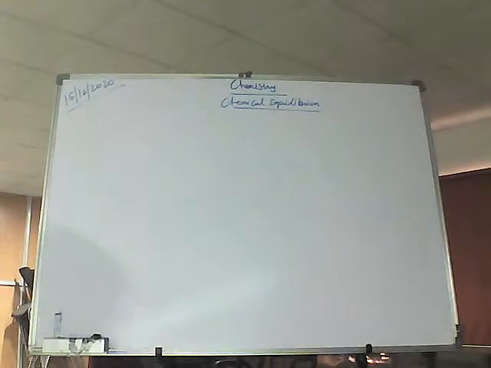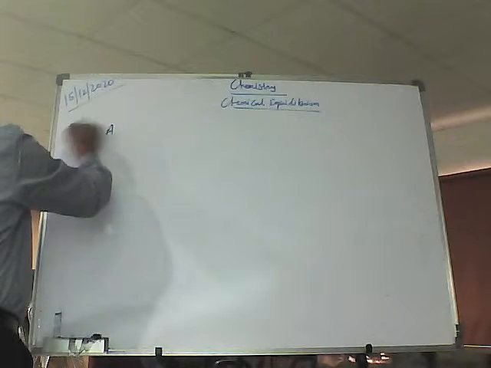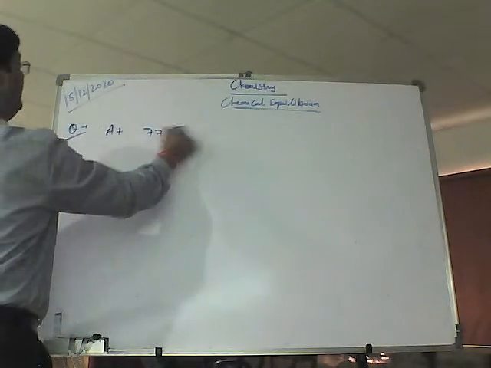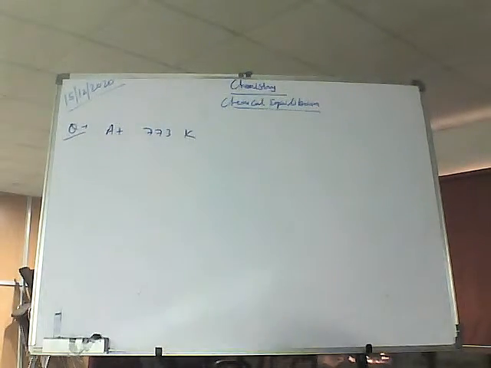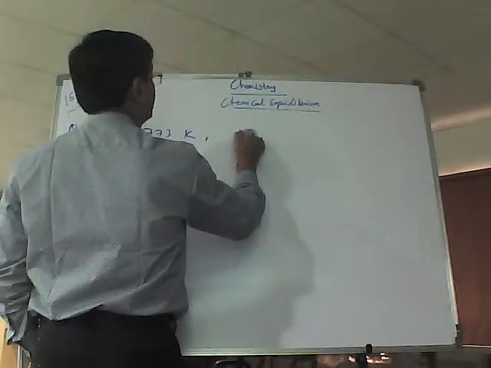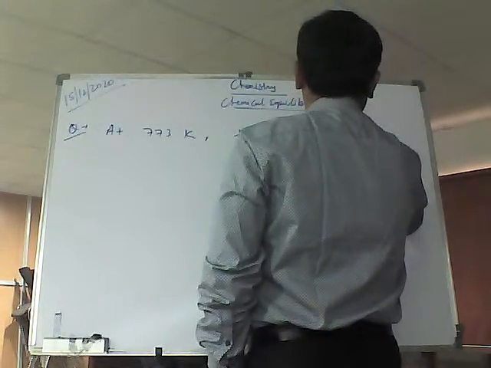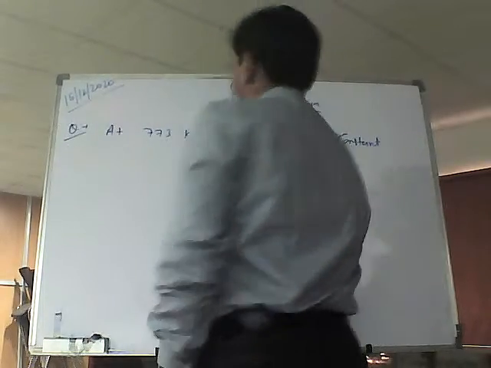Now, the next numerical based on that. The first question is: at 773 Kelvin, for a particular reaction at this temperature, the equilibrium constant Kc is given.